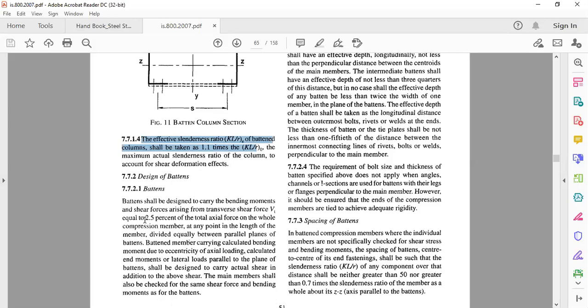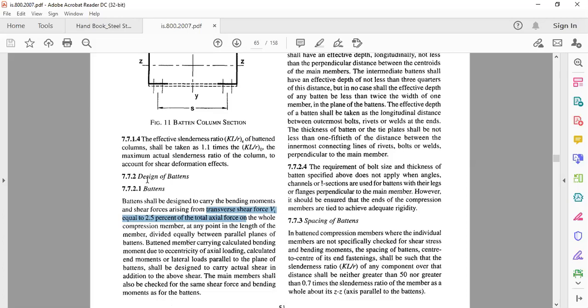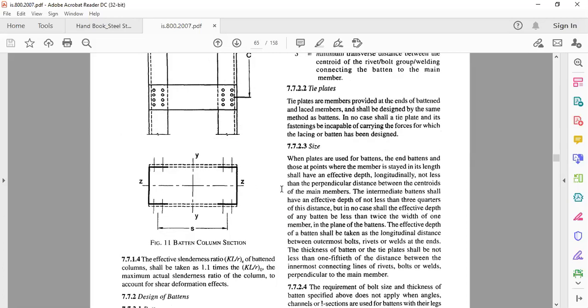These things you have to consider. Similarly, the transverse shear force Vt is equal to 2.5 percent of the total axial force that we have to take.